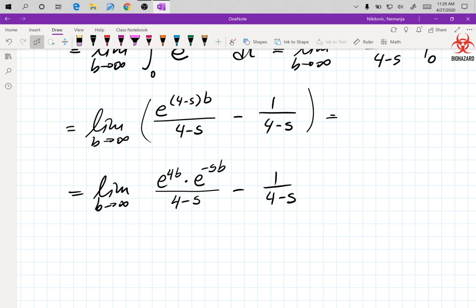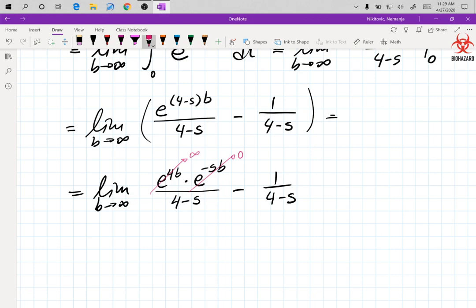Now this term goes to 0, and this term goes to infinity. So what should we do?